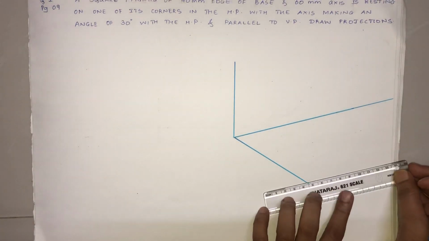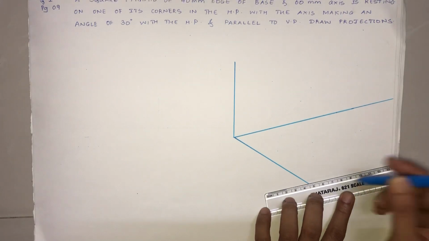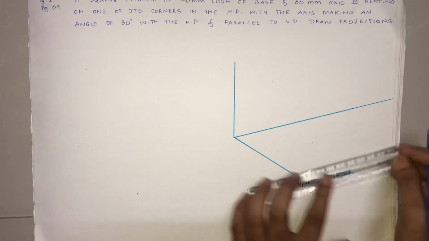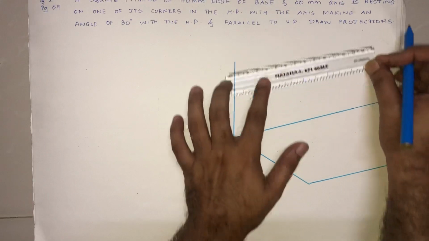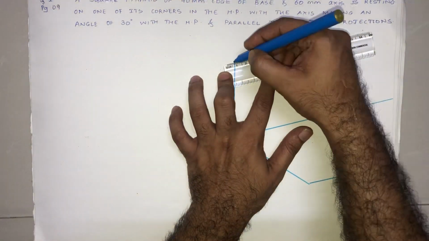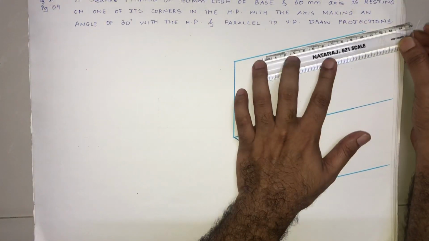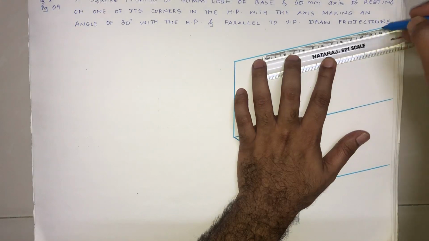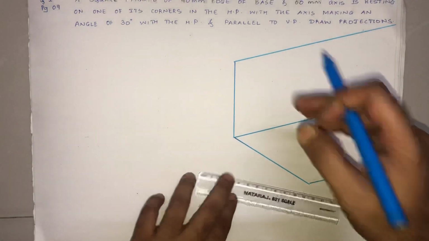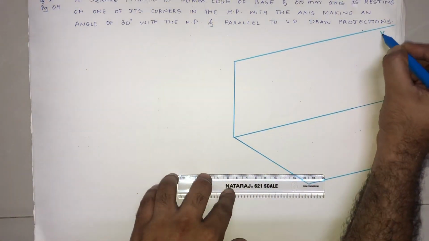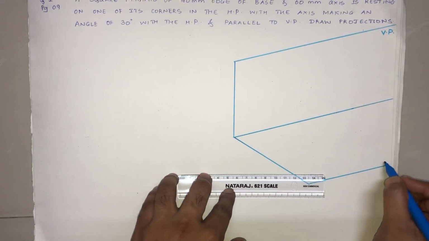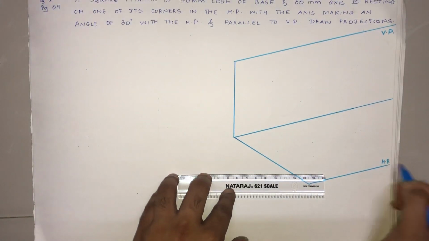We had done this in projection of points basically, where I explained how this is actually the first quadrant here. So I've just drawn the first quadrant where this is the vertical plane and this is the horizontal plane.